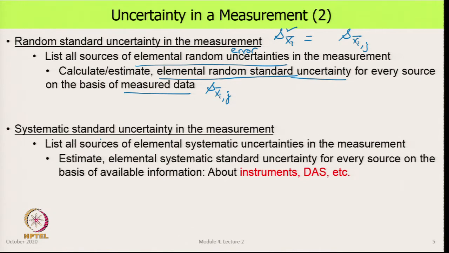The same thing we do for the systematic standard uncertainty in the measurement. We list all sources of elemental systematic uncertainties or elemental systematic errors, estimate the elemental systematic standard uncertainty for every source, and this is on the basis of available information, and this will give us B x i comma k. k denotes which one of the elemental systematic standard uncertainties of the measurement we are looking at.